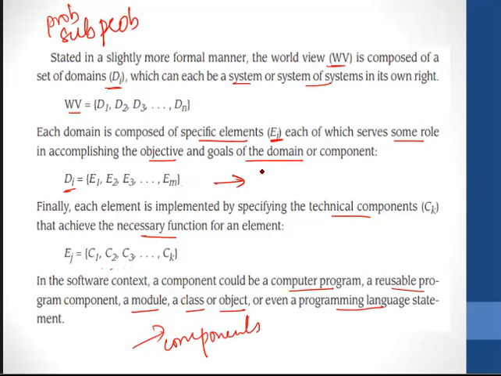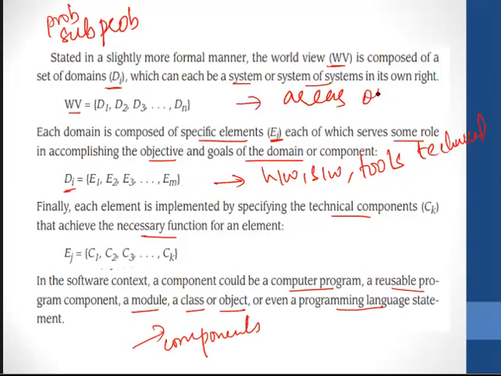The examples for elements can be the different hardware and software you're using, or the different technical tools that you're using. Then the domains are your areas of interest.